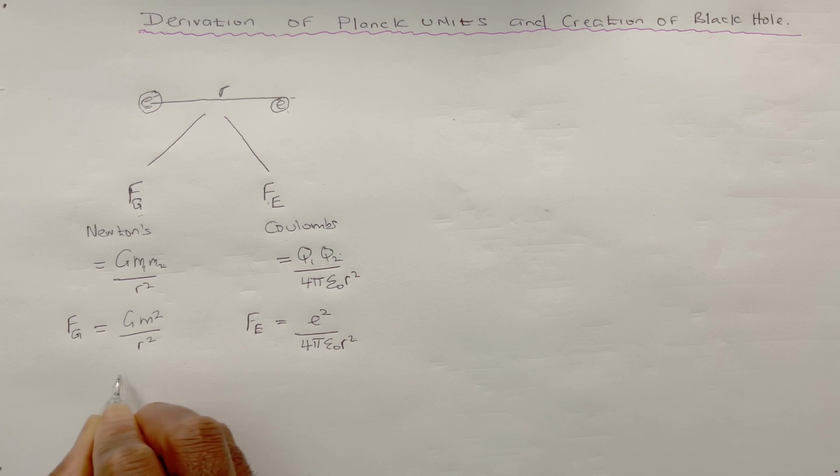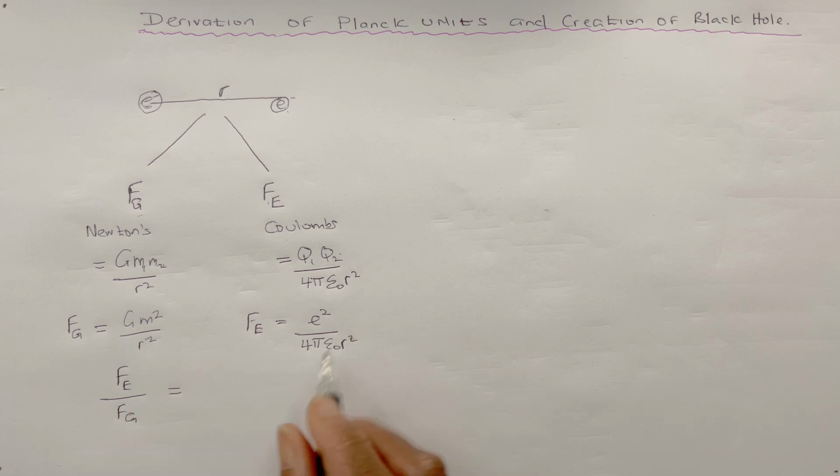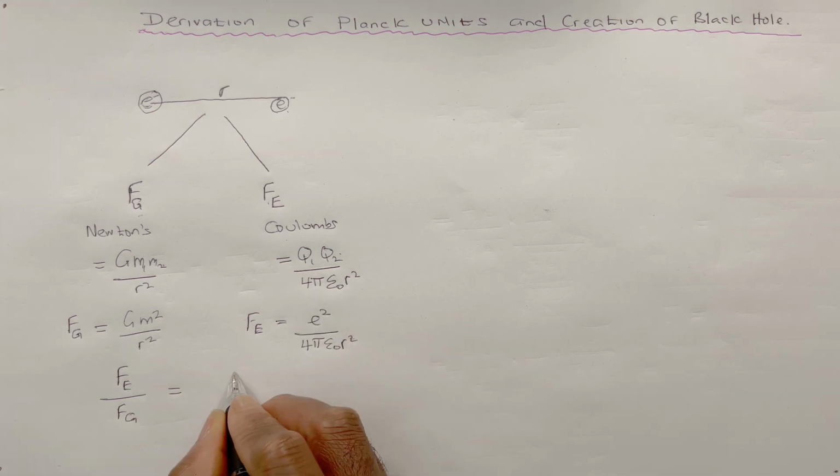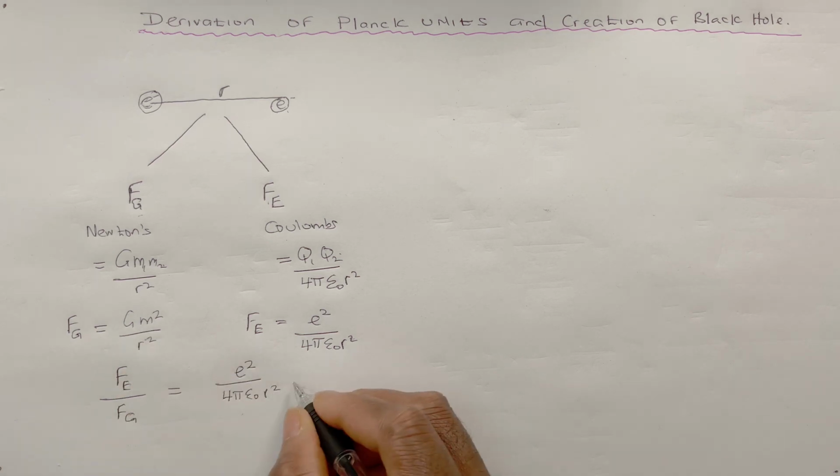The ratio between the two forces, F_E over F_G, will be e squared over 4 pi epsilon naught r squared, and we're dividing it by big G m squared over r squared. When you divide, it becomes times, and then you flip it.